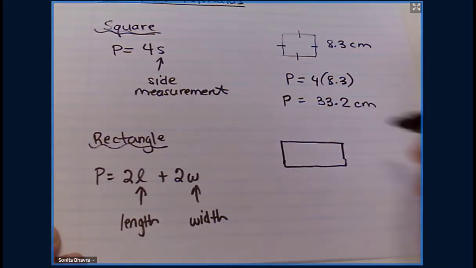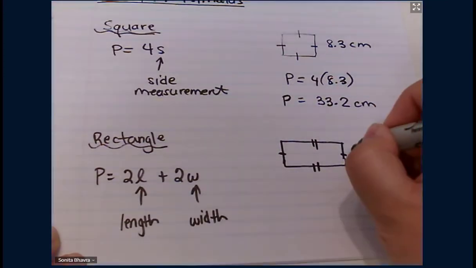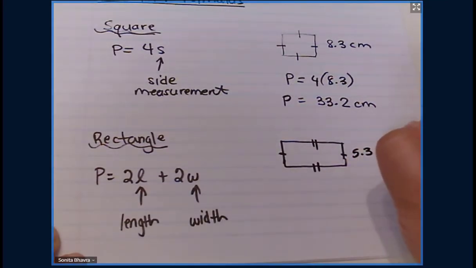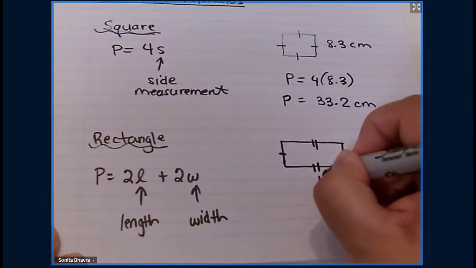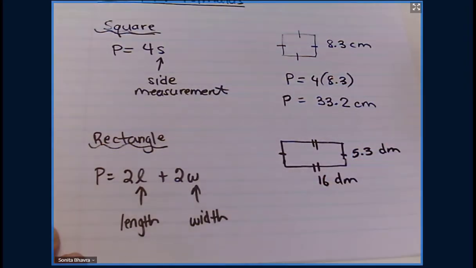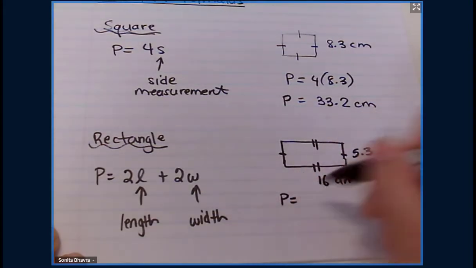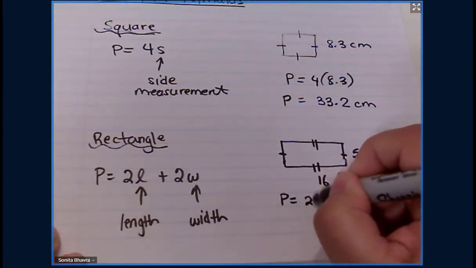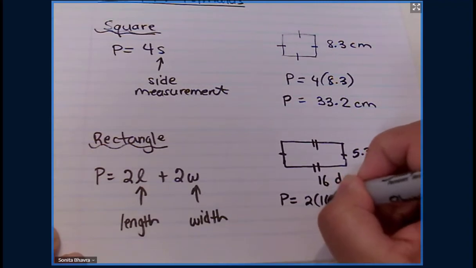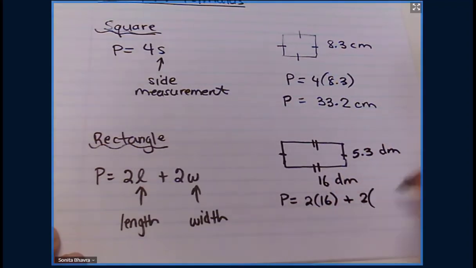If we have an example here, here is our rectangle. Those two sides will be the same, and these two sides will be the same. Let's say we're given 5.3 decimeters and 16 decimeters here. Using the formula, this is our width and this is our length. So P equals 2 times our length, which is 16, plus 2 times our width, which is 5.3.